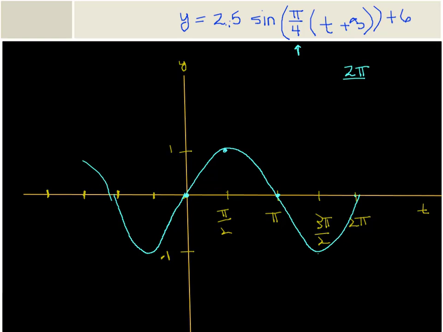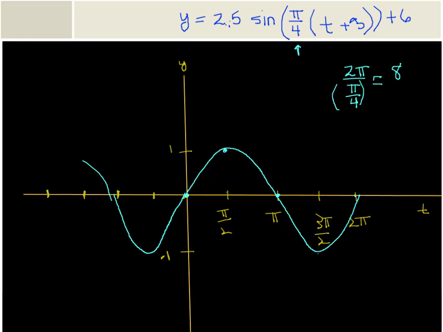What's B? B is pi over 4. Exactly. So this becomes 8, doesn't it? So my new period is 8.